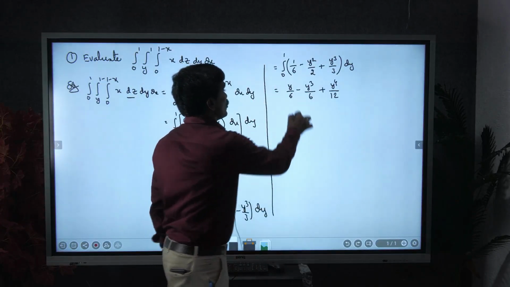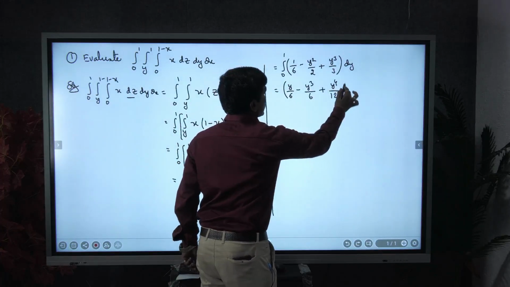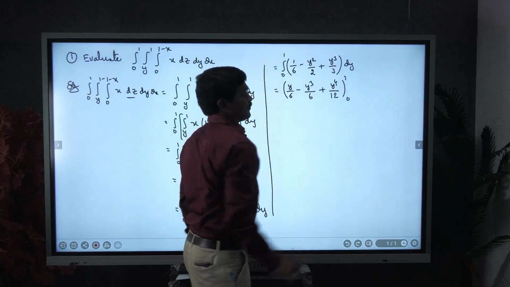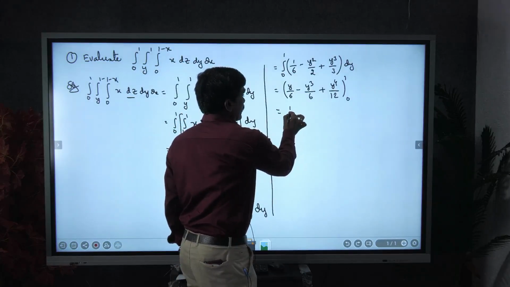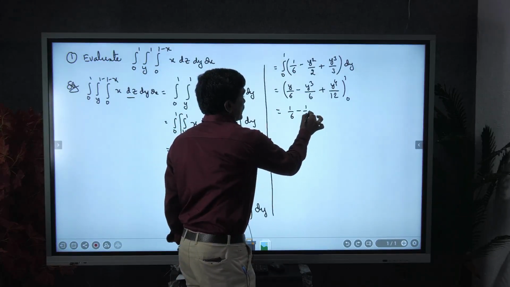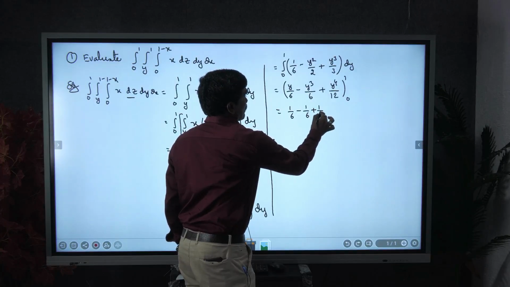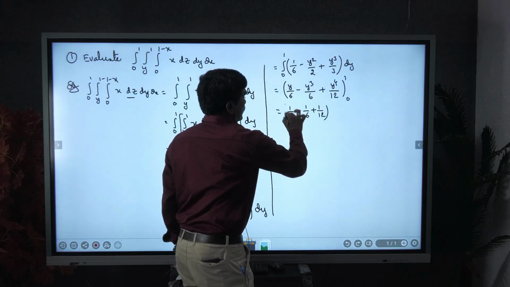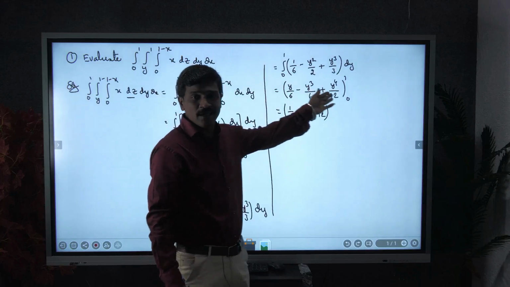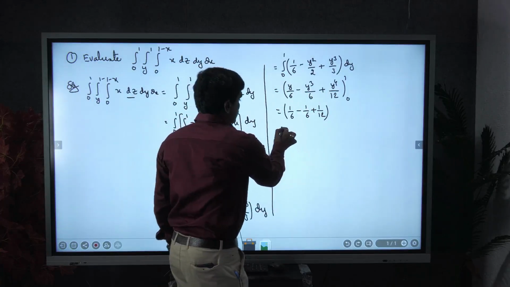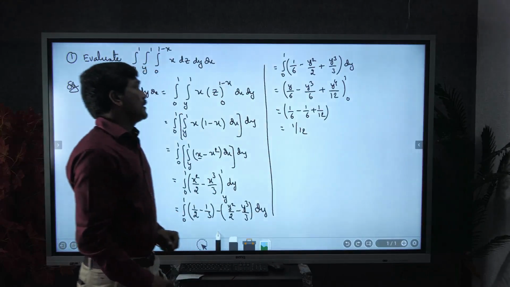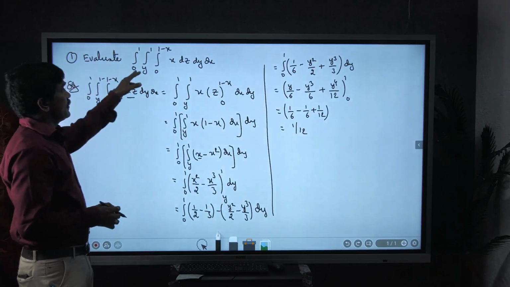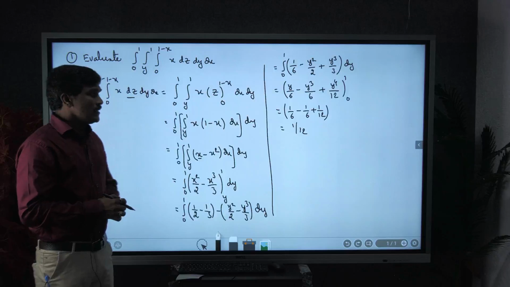So the integration is over, limits 0 to 1. Now substitute upper limit minus lower limit: upper limit is 1 by 6 minus 1 by 6 plus 1 by 12, and lower limit is clearly 0. So 1 by 6 cancels, and finally we get 1 by 12. So this is the value of the given integral.